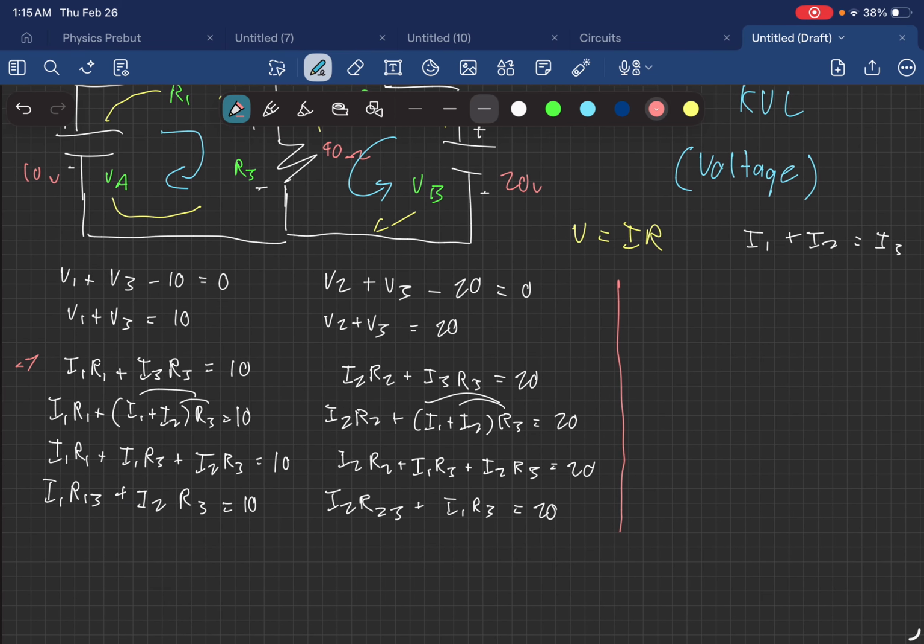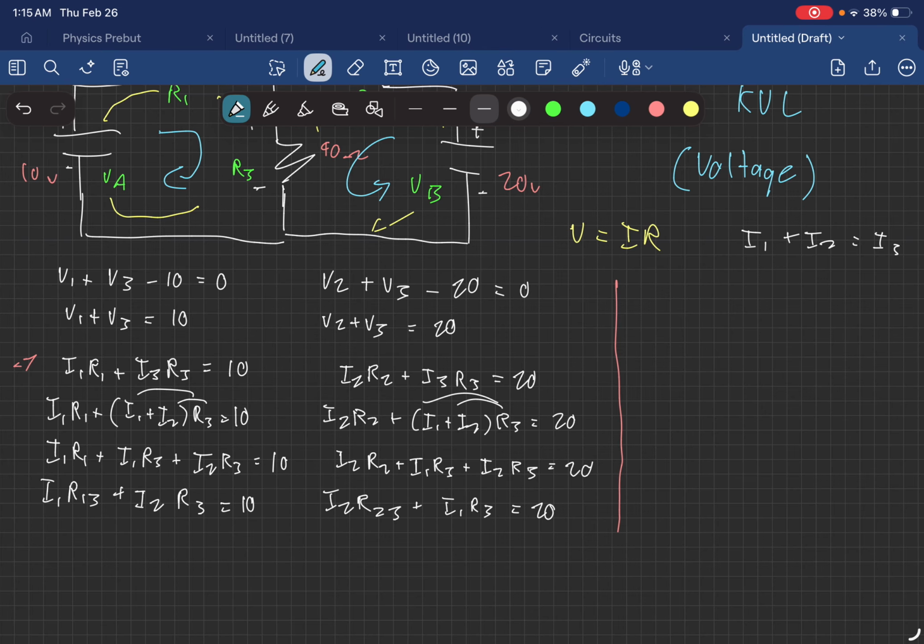So when we use these, we're looking for two variables, right? In standard algebra, you're just looking for one variable, right? But here we're looking for two variables, I1 and I2.